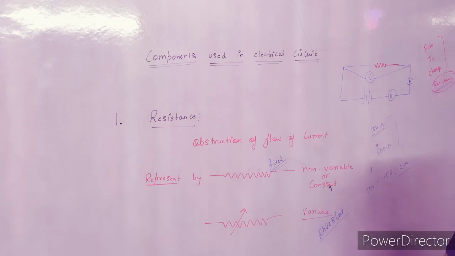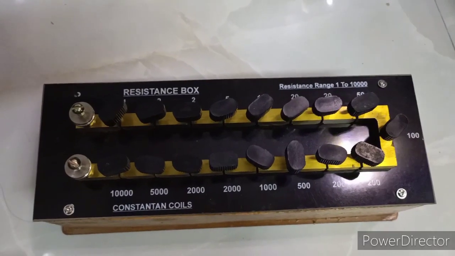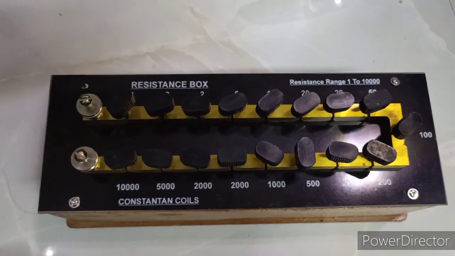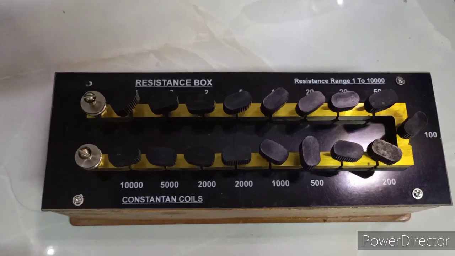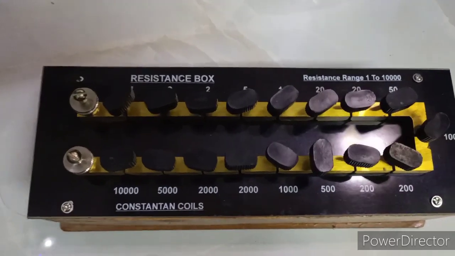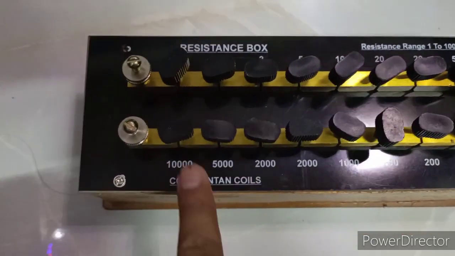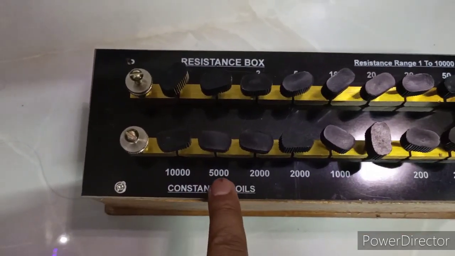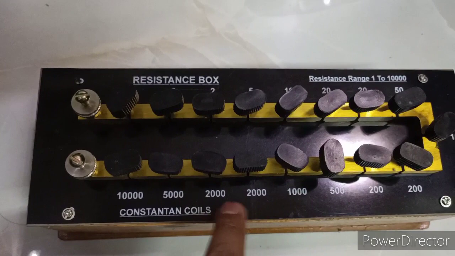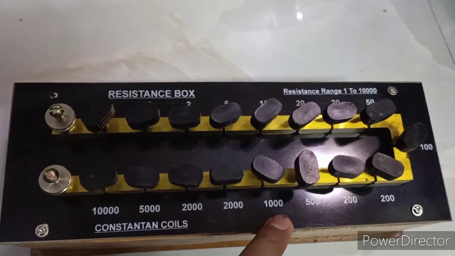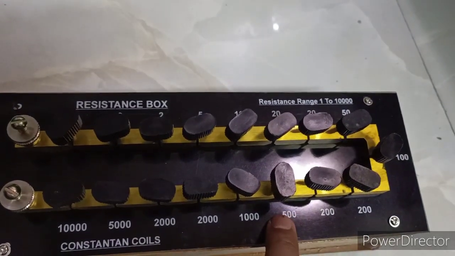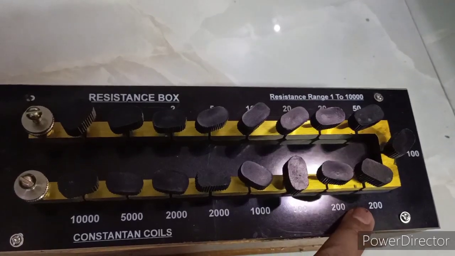So now the thing is how they look. This is the simple resistance we use in a laboratory. This is the variable resistance. When you look over this, there are the readings: 10,000, 5,000, 2,000, 2,000, 1,000, 500, 200, 200.